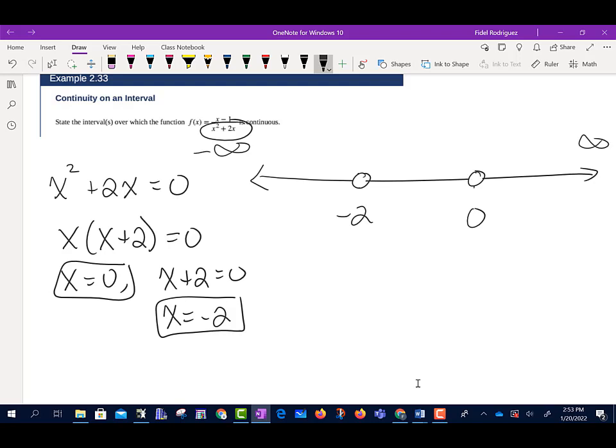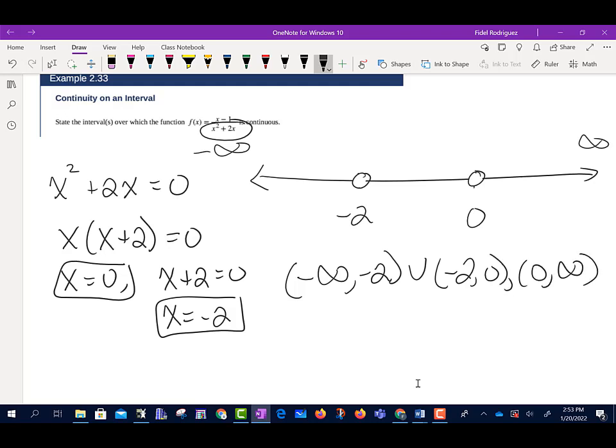So where would this thing be continuous? It would be continuous from negative infinity to negative 2, then continuous again from negative 2 to 0, and then continuous again from 0 to infinity.